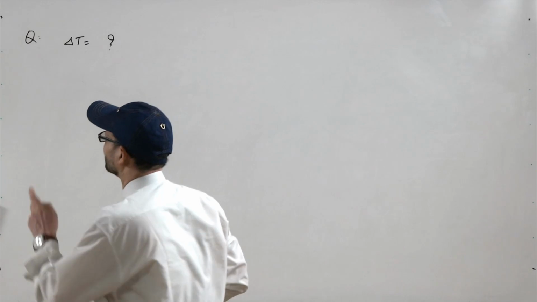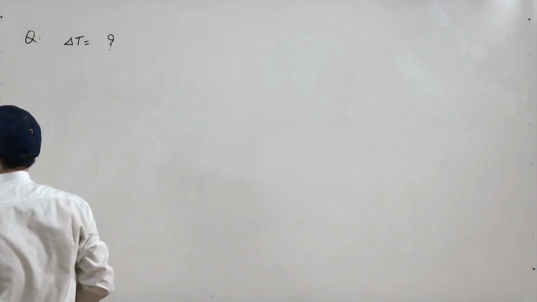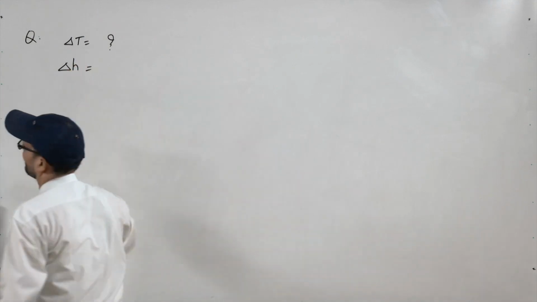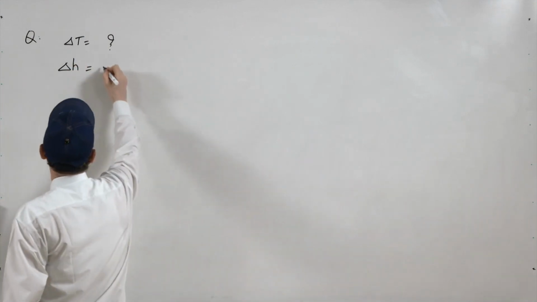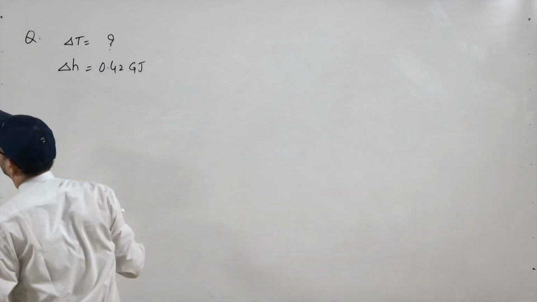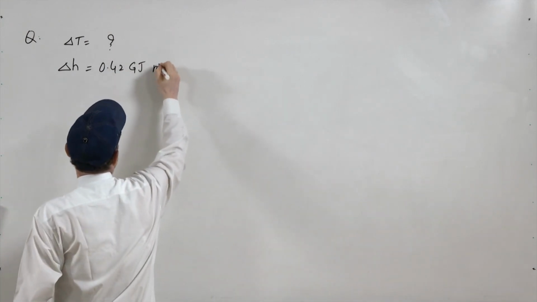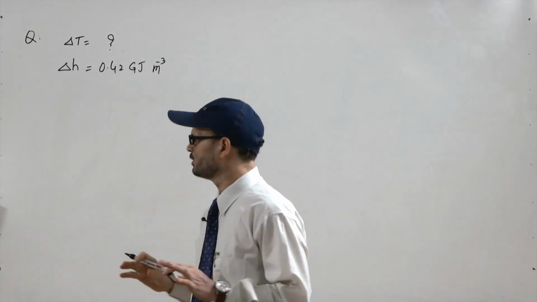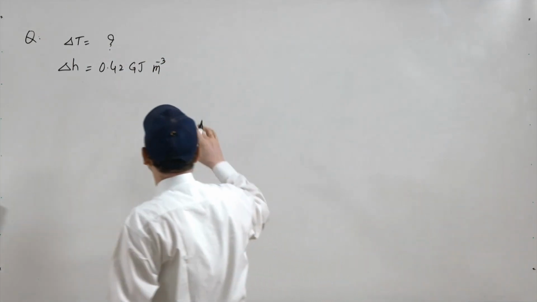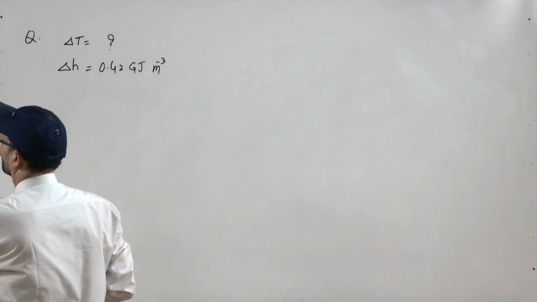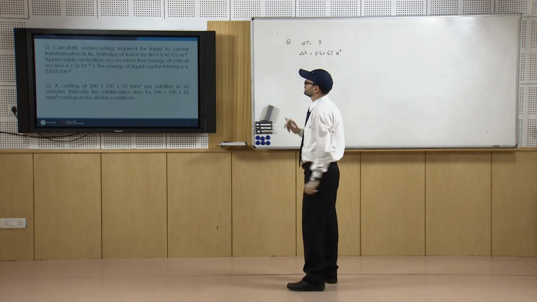What has been given is enthalpy of fusion for tin, that is delta H. Delta H is given as 0.42 gigajoule per meter cube. So, here you have been given the enthalpy of fusion in the proper unit, that is per unit volume. Now, free energy of critical nucleus is given.